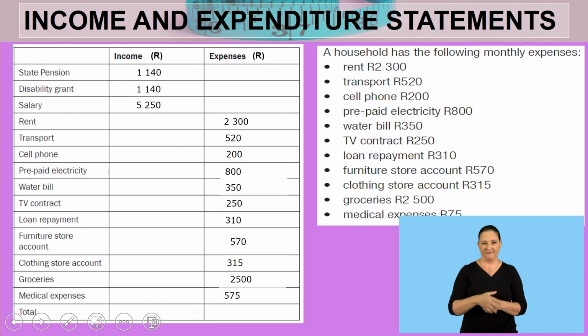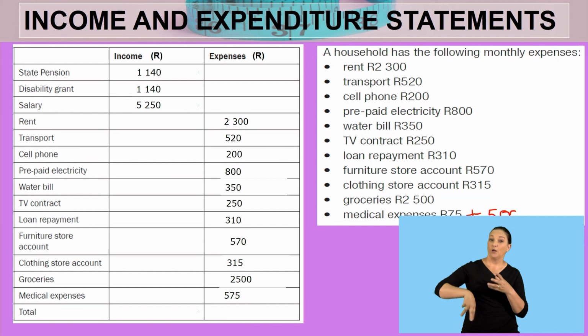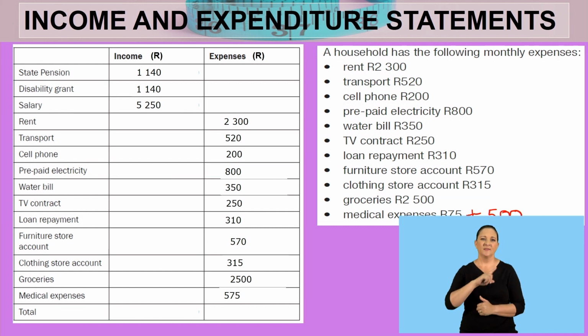Remember, the initial medical expenses was 75 Rand, but one of the children was ill, so there was an additional 500 Rand added on. And that's how we got to 575.